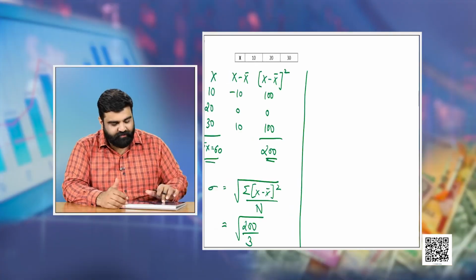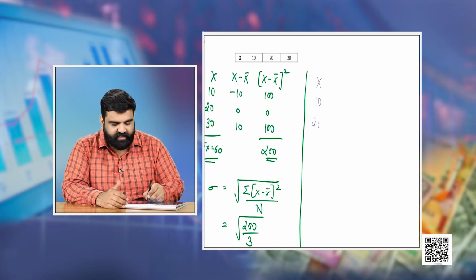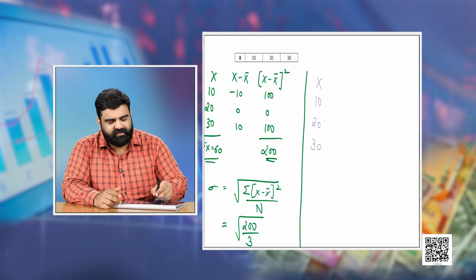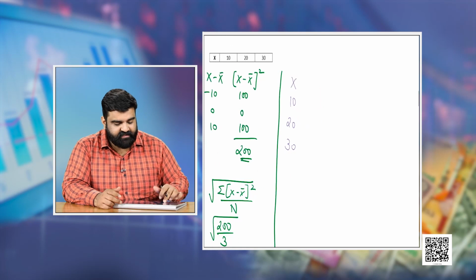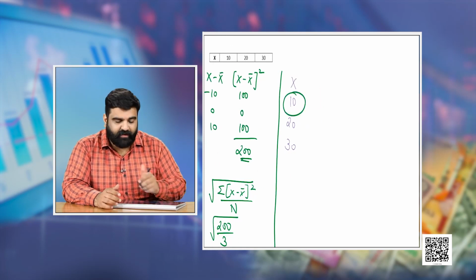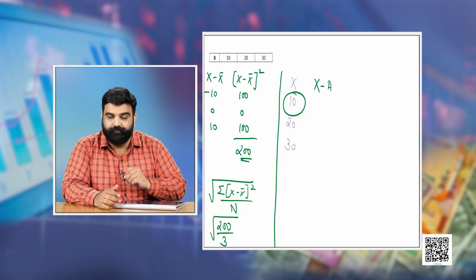Now, let us do this question with shortcut method or the assumed mean method. So, let us first write the series. So, we have 10, 20 and 30. We know that the actual mean is 20. Let us not assume that the mean. Let us assume 10 to be the mean. So, now I will calculate the deviations from assumed mean, which will be x minus a.